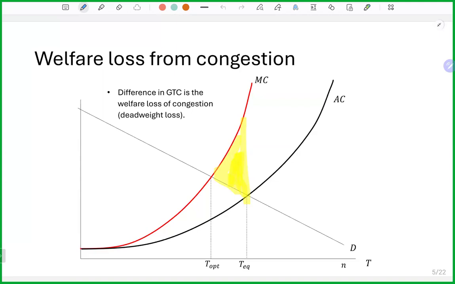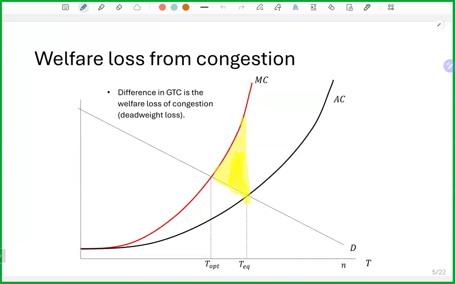So this study is not irrelevant; it is a relevant topic for us. Maybe next week we will briefly talk about how to use data to identify the slope of this cost curve. If we know the slope, then we can quantify the yellow area.